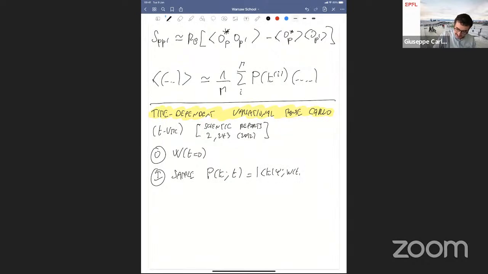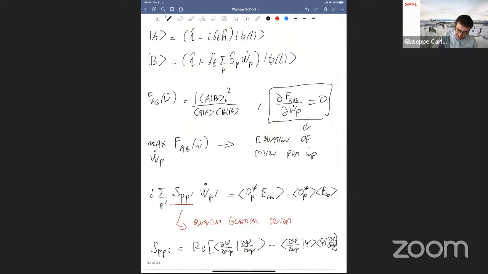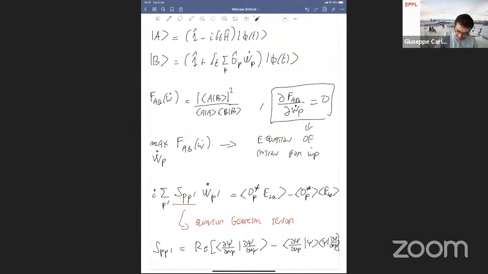So I have my W of t, and I sample with the usual techniques from this P. Then on these M samples, I measure the real part of the quantum geometric tensor, this S_PP', and I also measure this G_P. I call G_P this object here.